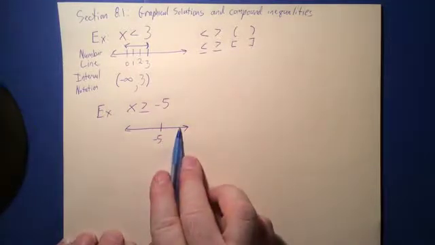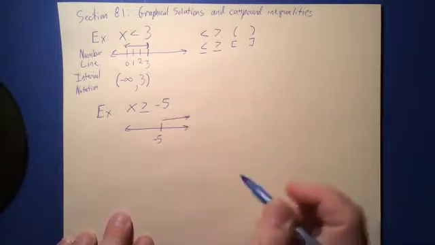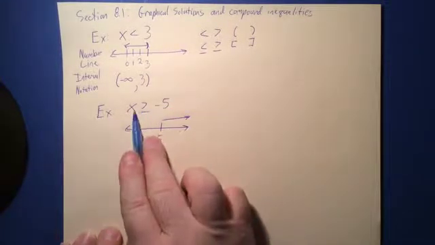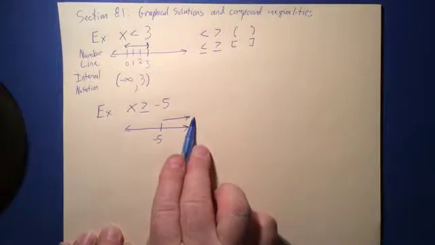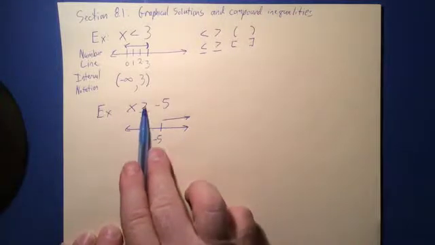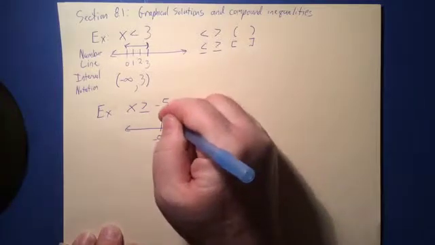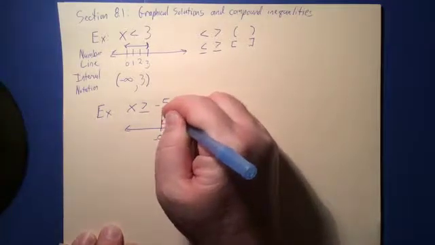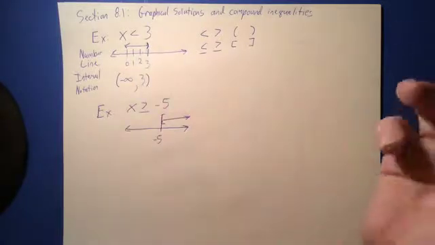Well, 0 is greater than negative 5, so it's 1, 2, 3. So we're drawing an arrow in this direction. Note that the variable is to the left, the inequality points to the right, so we draw our arrow here. Because this is a greater than or equal to, we're now going to go ahead and put a bracket, which is different than what we showed above where we used a parenthesis.